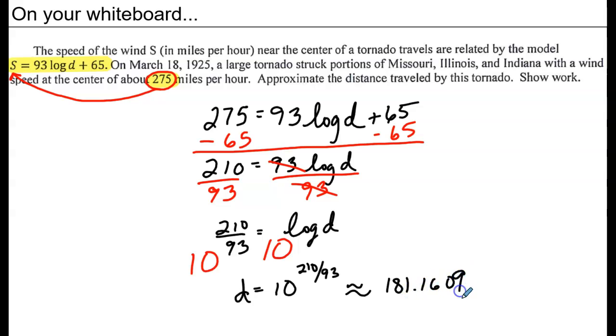And the units on that answer, since the wind speed was miles per hour, then the distance is going to be in miles.